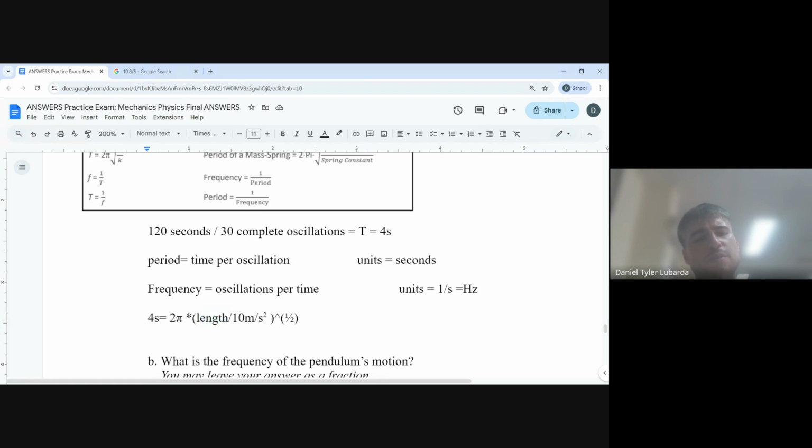So what I'm going to do right now is take out that meters. This length is going to be in meters, so it cancels out the meters in there. What we're left with is seconds to the square root.